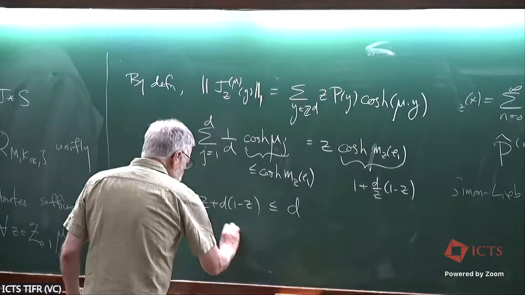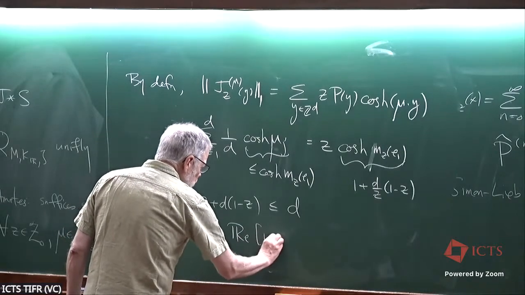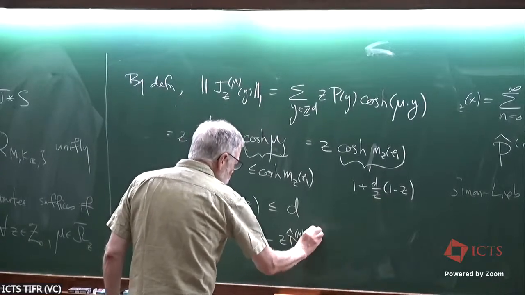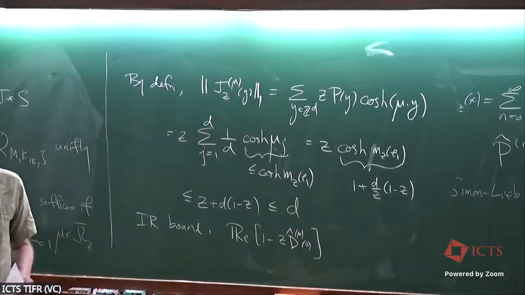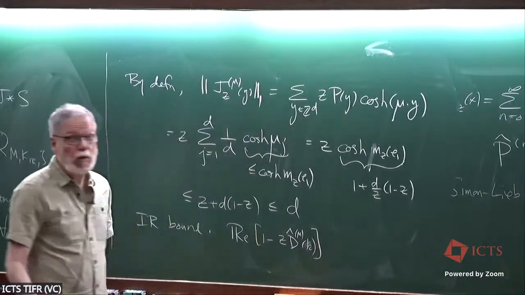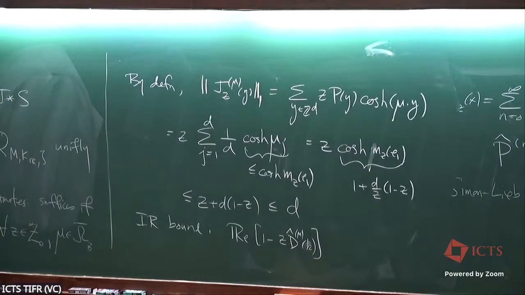So I need to look at the real part of 1 minus Z D hat mu of 0 of K, and bound that below by a multiple of K squared uniformly in the Z's and the mu's.